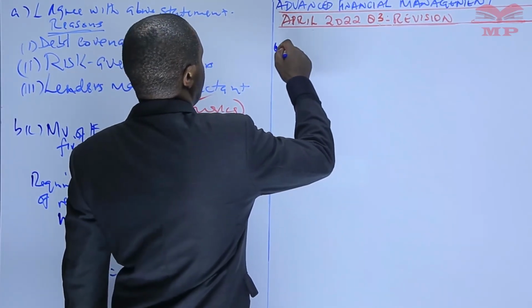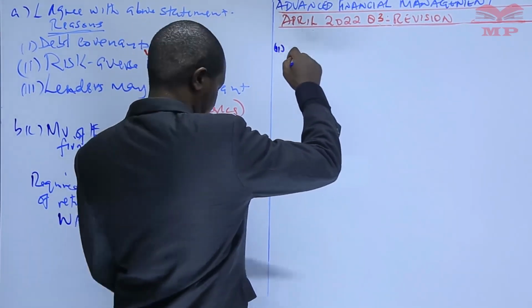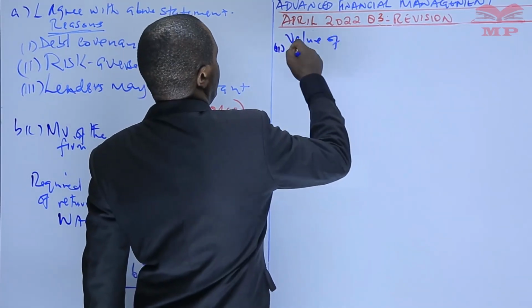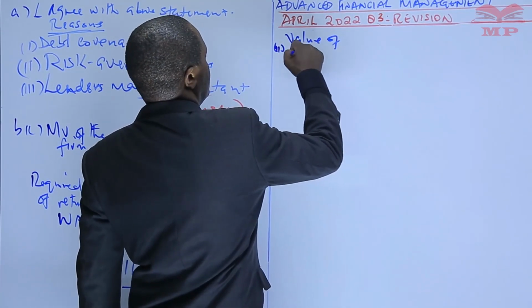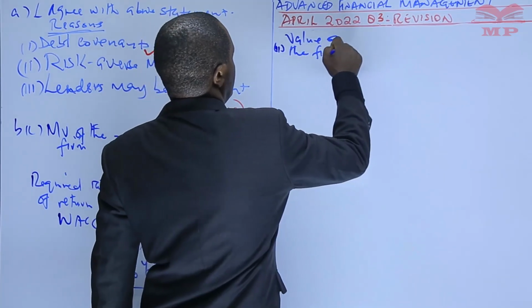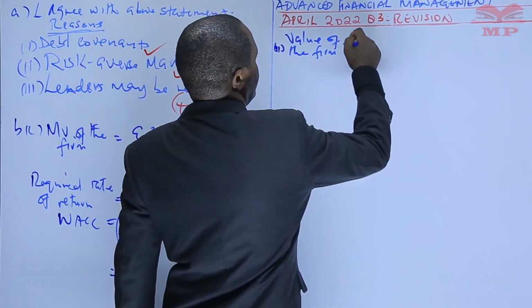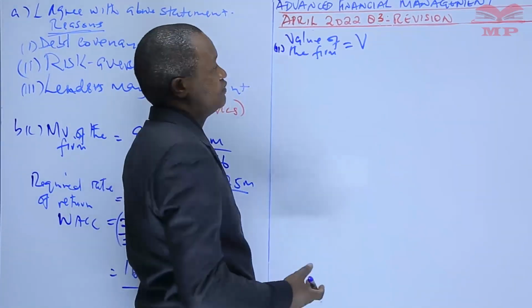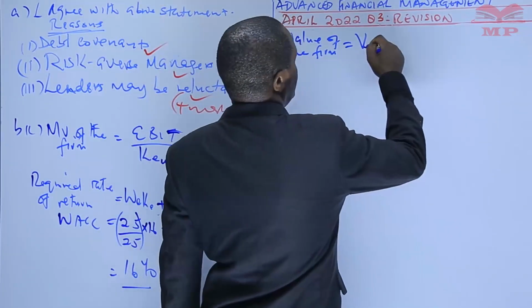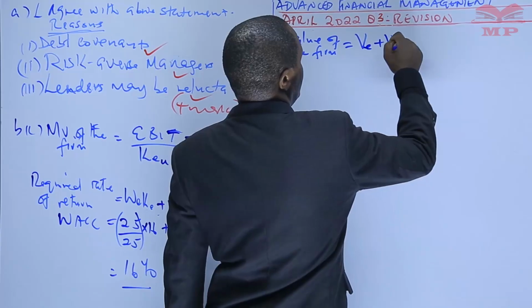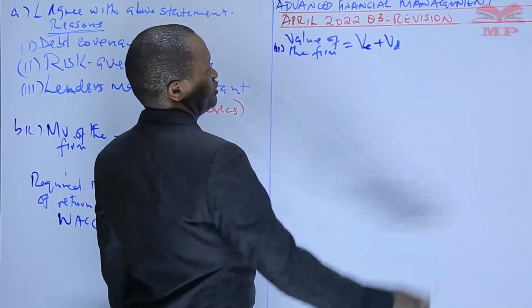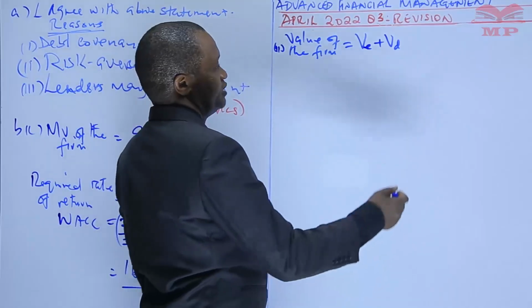The value of the firm will be equal to the value of equity plus the value of debt.